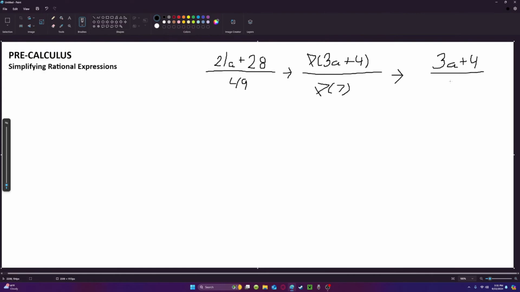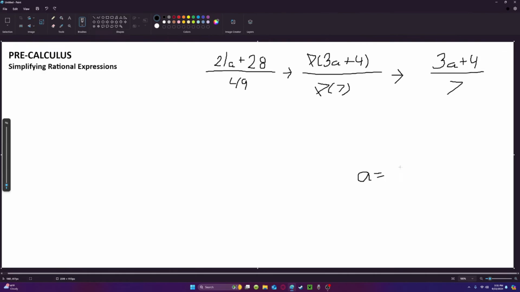So you might be asking, what do we do with the excluded values? Well, in this case, a can literally be anything. The variable is not on the denominator to affect it, and a can be any number up here in the numerator and it wouldn't matter.